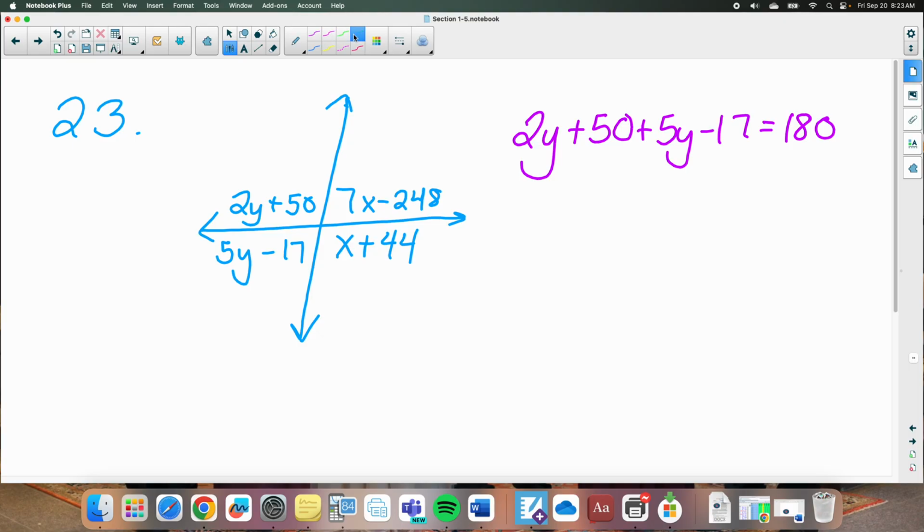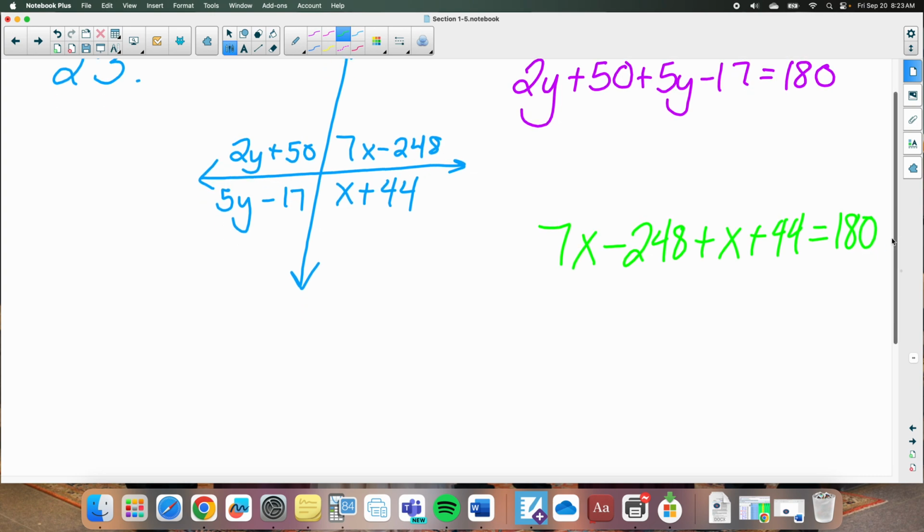Now what we're going to do is set up our x's, and that would be 7x minus 248 plus x plus 44 equals 180. Do you want me to do one of these just to show you? Okay, so 7x plus 1x is 8x. Negative 248 plus 44 would be negative 204.